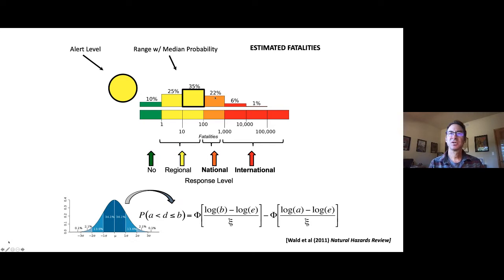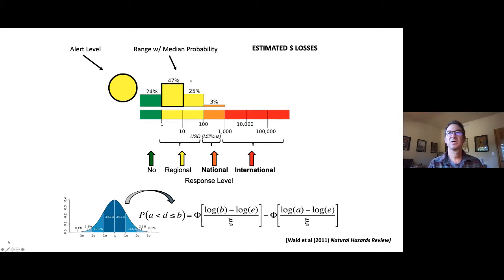The uncertainty derives from the fact that the ShakeMap is uncertain, the population that we have estimates of is uncertain, and the vulnerability of that particular location, the buildings and the nature of the construction, is also uncertain. So we'll never be right exactly, and so we give a histogram of the range of fatalities.